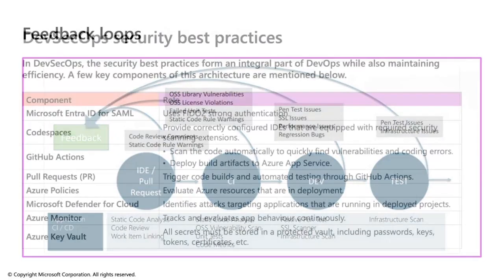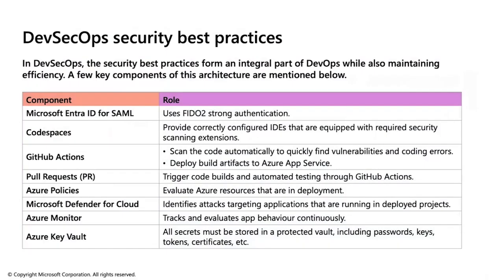Some more understanding on this: DevSecOps security best practices. These are some components that we should keep in mind and consider. For Microsoft Entra ID for SAML, we can use FIDO2 strong authentication wherever possible. Try to integrate FIDO2 in your DevSecOps security practice.